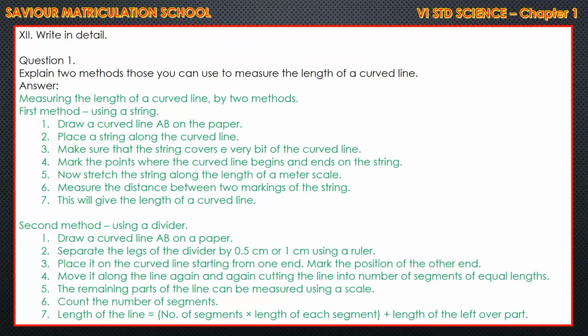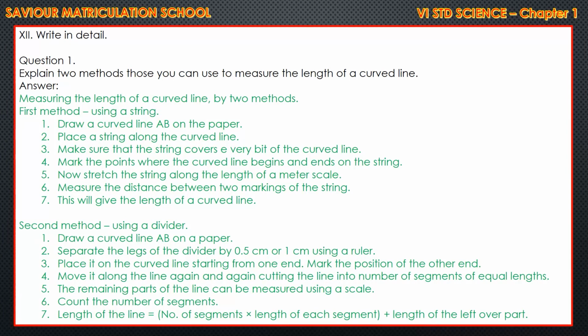Place a string along the curved line, making sure that the string covers every bit of it. Mark the points where the curved line begins and ends on the string. Now stretch the string along a meter scale and measure the distance between the two markings. This will give the length of the curved line.